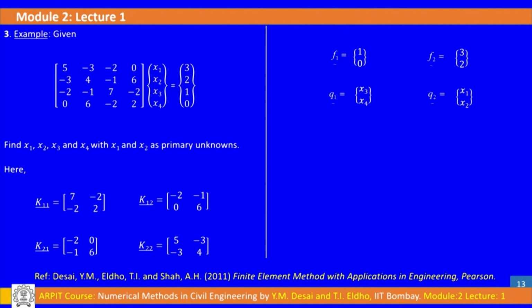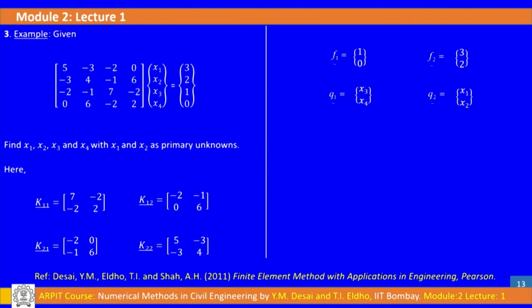We are going to retain the Q2 vector, that is what we are calling the vector consisting of primary unknowns, and we are going to condense out, that is eliminate, the components of vector Q1 using the expressions that we derived earlier.